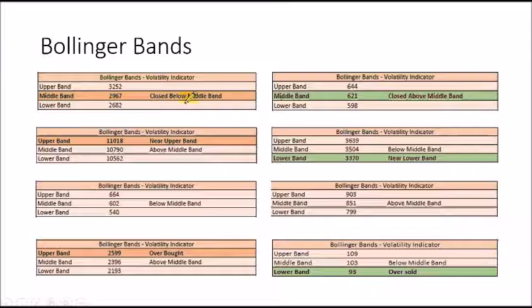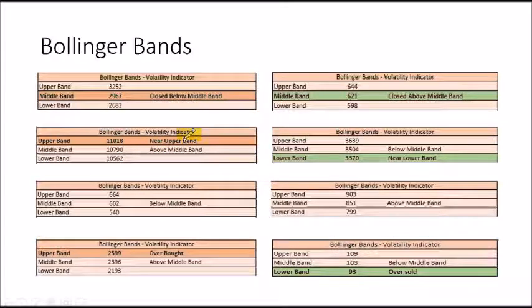So this will highlight that it has closed below the middle band. Similarly, closed above the middle band. When it is near the upper band, it will give you an indication. Near the lower band, it will give you an indication. Near the upper band, it may take resistance, or wherever it is on the chart.